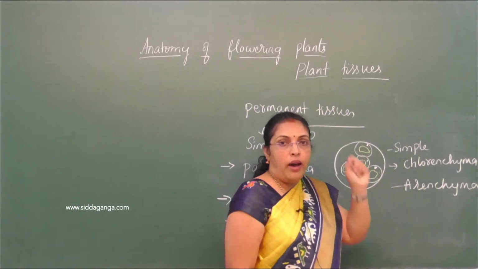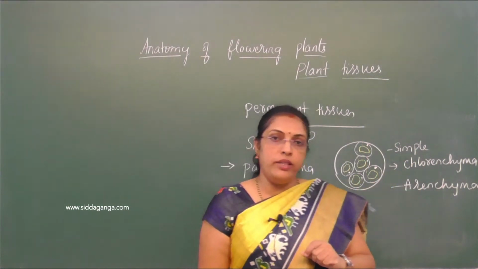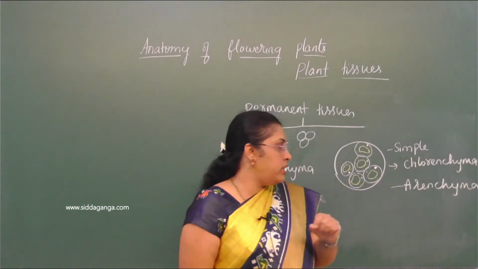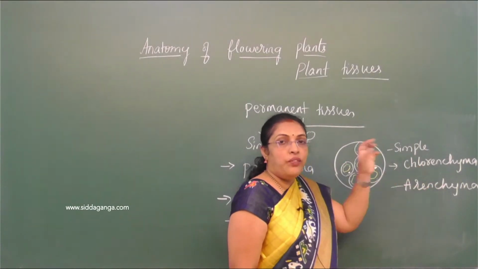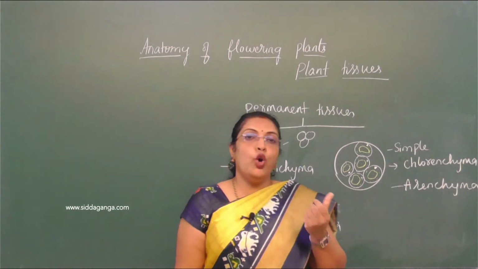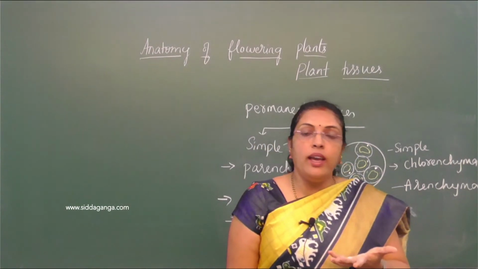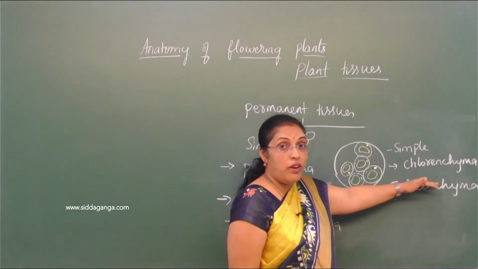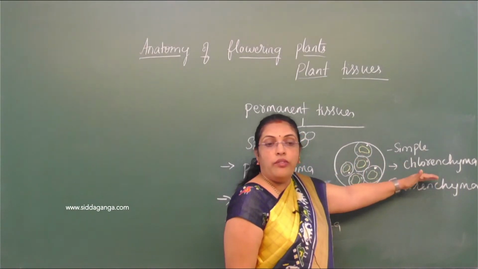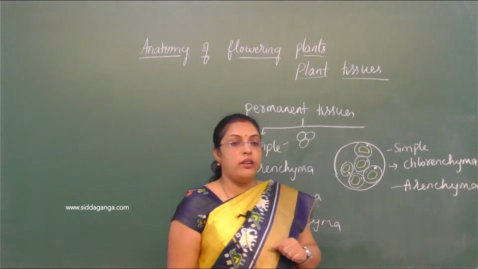Chlorenchyma: if the parenchyma has chloroplasts, those cells or tissues are called chlorenchyma. If they contain chloroplasts, then they mainly help in photosynthesis. We will see this chlorenchyma in plants.